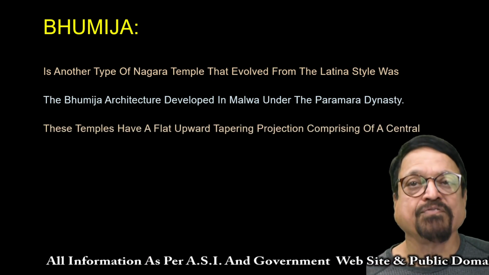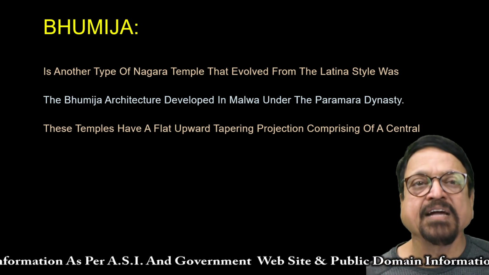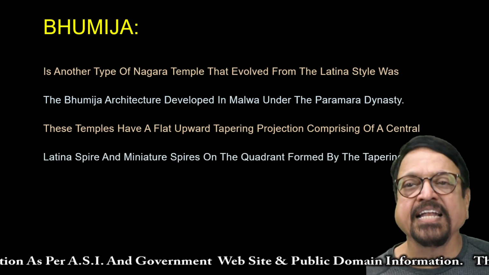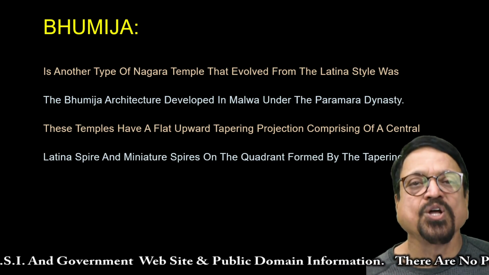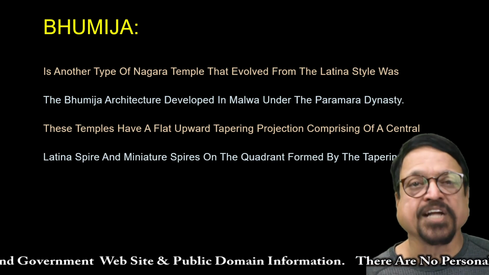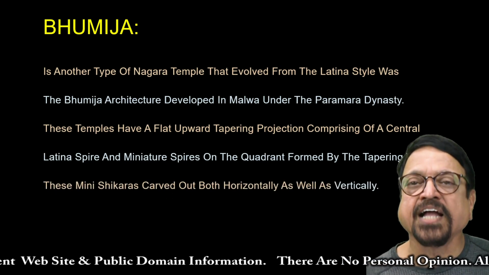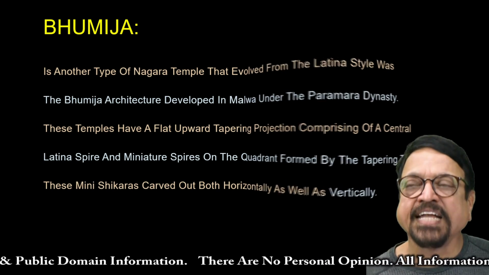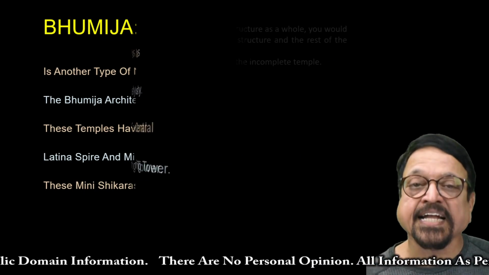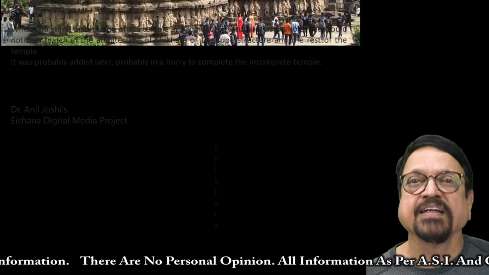These temples have a flat upward tapering projection comprising a central Latina sphere and miniature spheres on the quadrant formed by the tapering towers. These mini shikharas extend horizontally as well as vertically, in both directions.